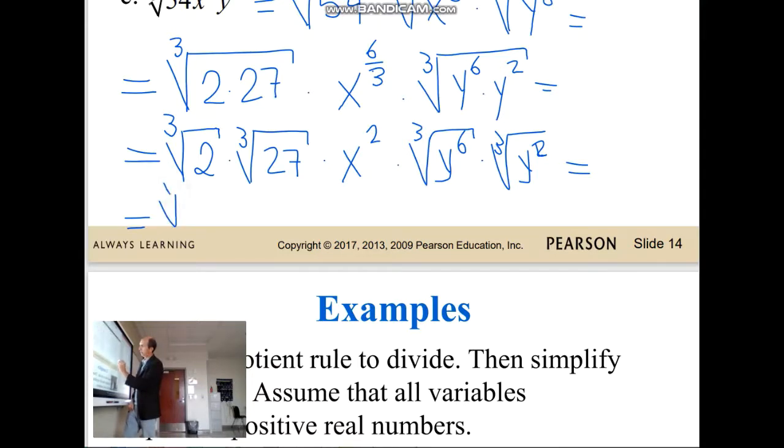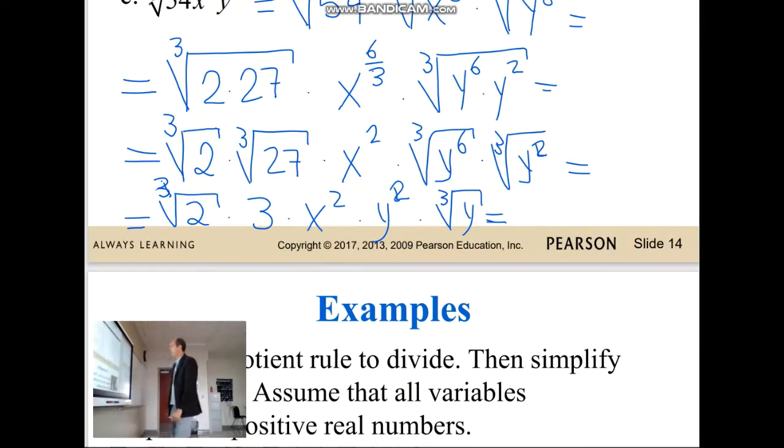The cube root of 2 times cube root of 27 is going to be 3, right? 3 times x squared times cube root of y exponent 6 is y exponent 2, and cube root of y exponent 2 we just keep like this. We cannot simplify it anymore.